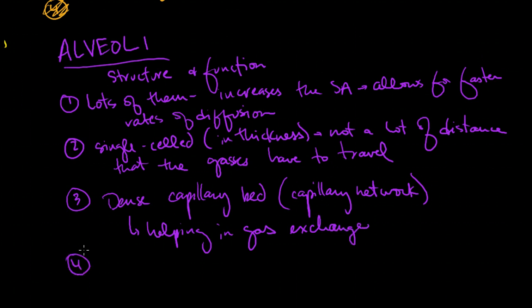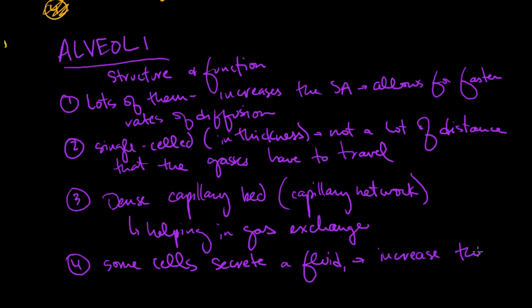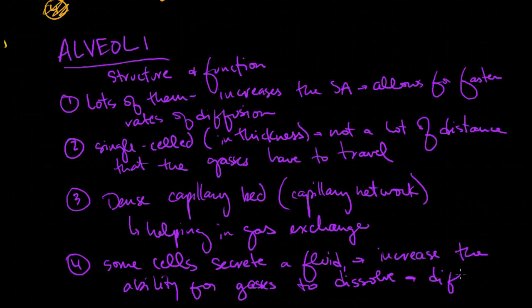And fourth, some of the cells, so some cells here, secrete a fluid, and having that fluid increases the ability for the gases to dissolve or embed into that fluid and then diffuse even faster.